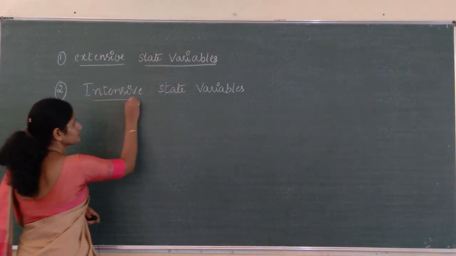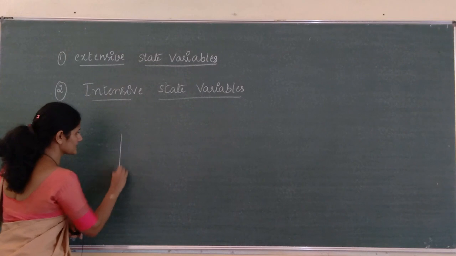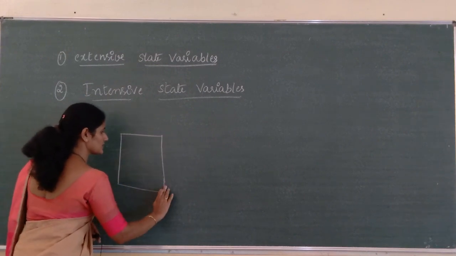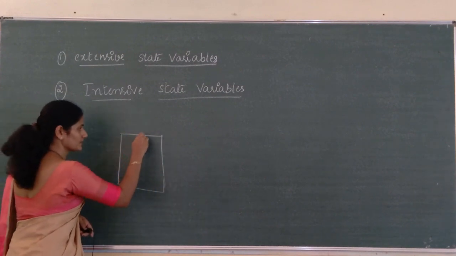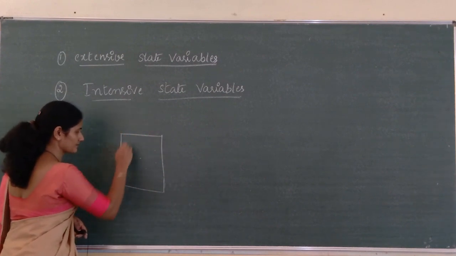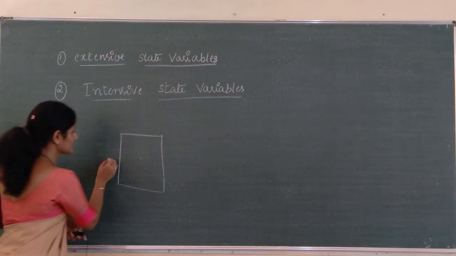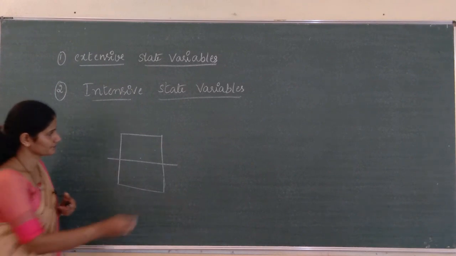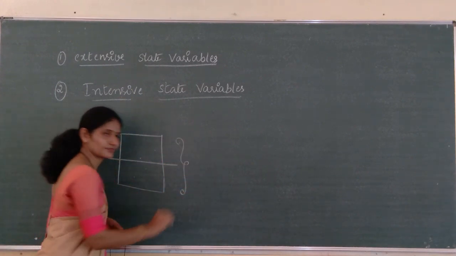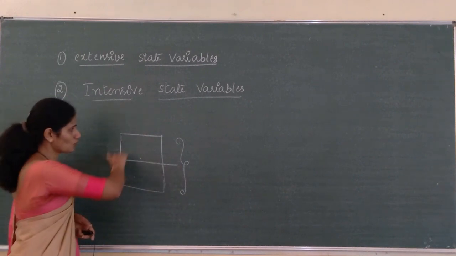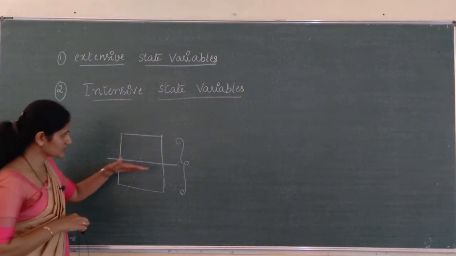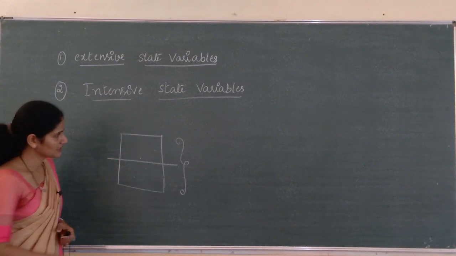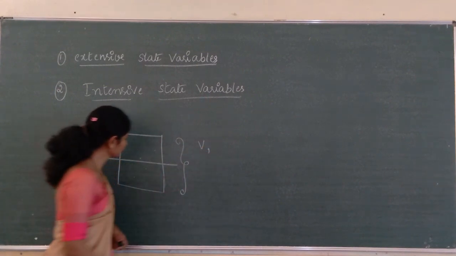For example, consider a system having molecules. If I cut the system into two parts, the total volume changes. The volume of the system, when we cut it into two parts, is divided into 2.